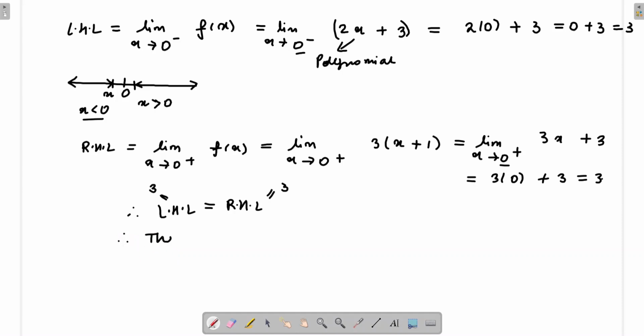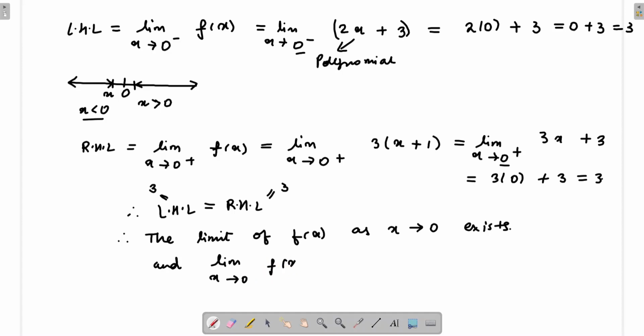Therefore the limit of f(x) as x tends to 0 exists, and the limit as x tends to 0 of f(x) will be equal to that common limit, that is 3.